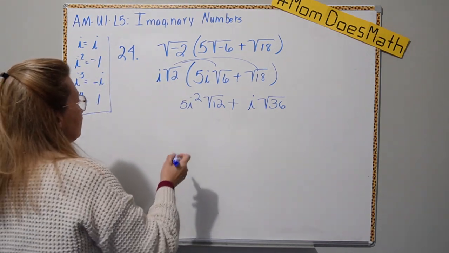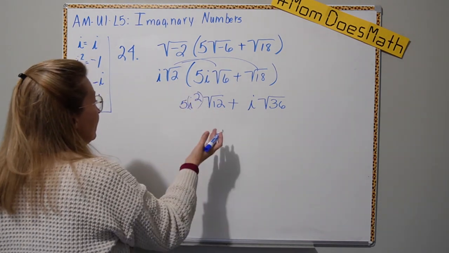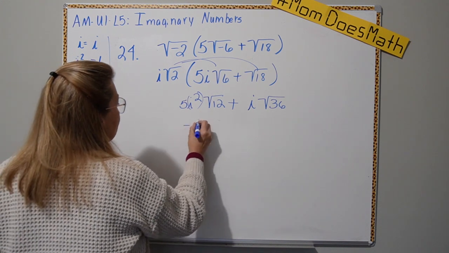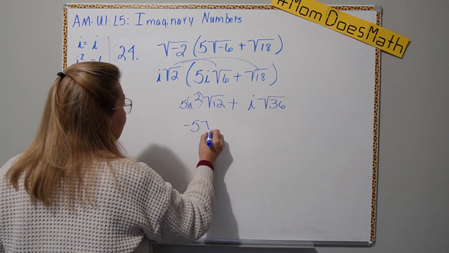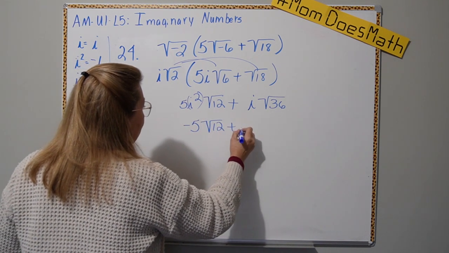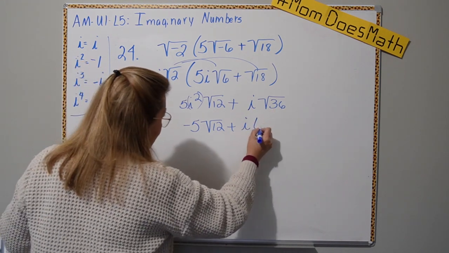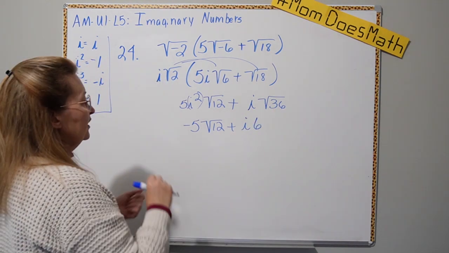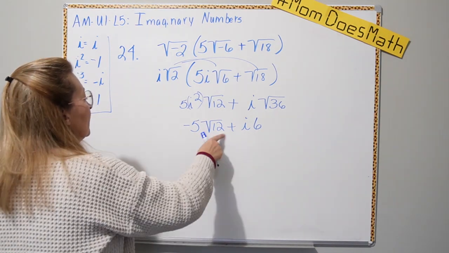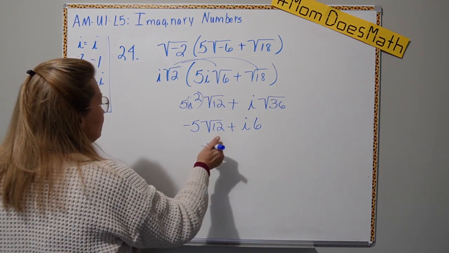Okay, let's clean this up some more. You know this i squared is a negative 1, so this is now going to be -5√12 plus i. Now what's the square root of 36? 6. So let's go ahead and do that, and we'll put them in a different order in just a second. All that's left to do is simplify 12.